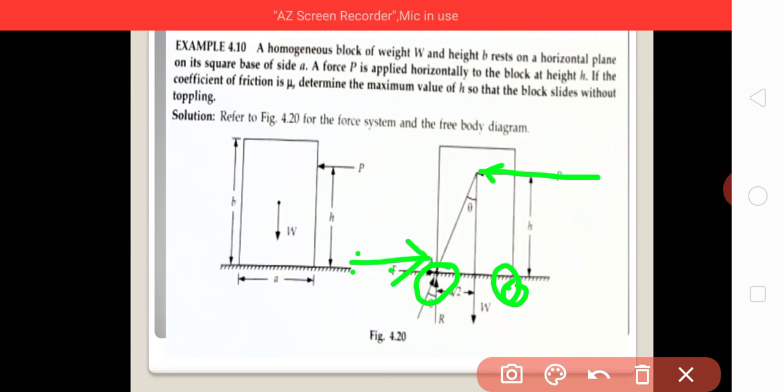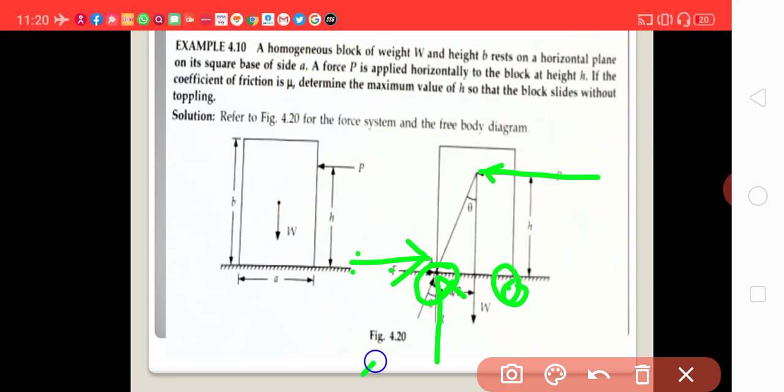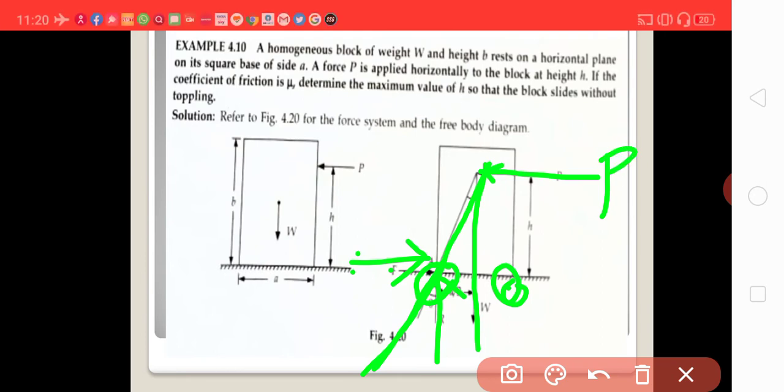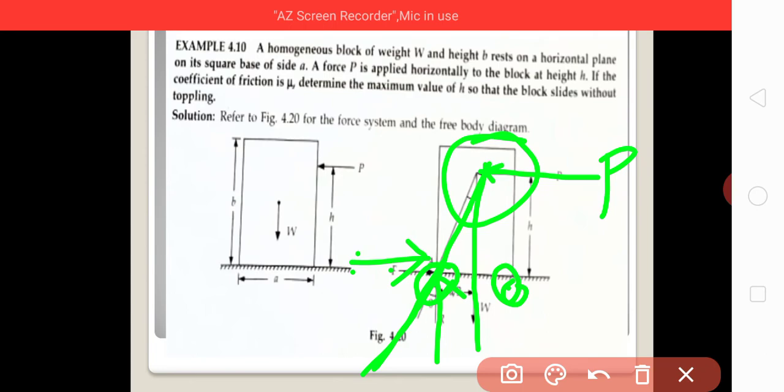So the total reaction, or resultant friction, which we have already explained in the last lecture, that is S, will be acting like this. For the conditions of static equilibrium, this S, this W and this P should be acting at a point. This W is not going to change its position, it will be acting at the center.